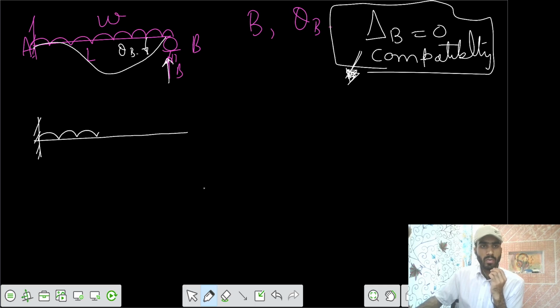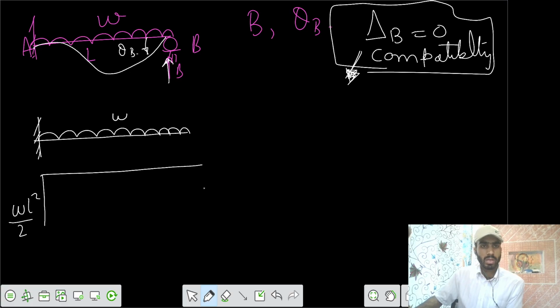Let's say we only check the effect of UDL first. So the moment developed would be WL square by 2. Then you divide by EI, so we can get the M by EI diagram. This is a negative, anti-clockwise moment. So here the shear force is some value, so theta is not 0. Then here the theta is 0 because shear force is 0 here. Then you join them by a 2-degree curve.